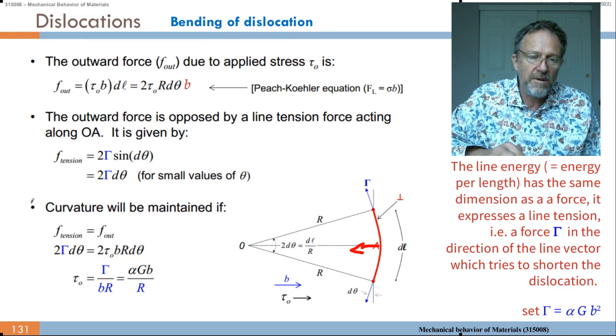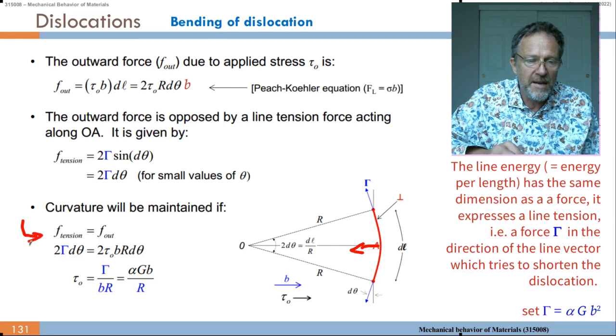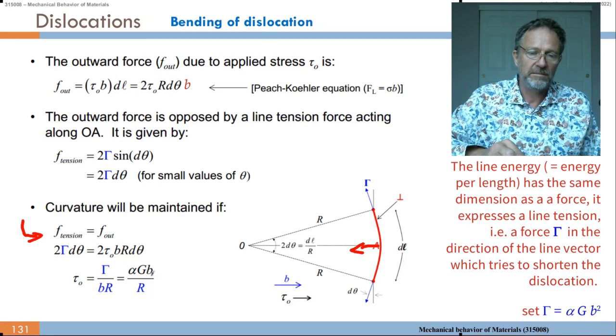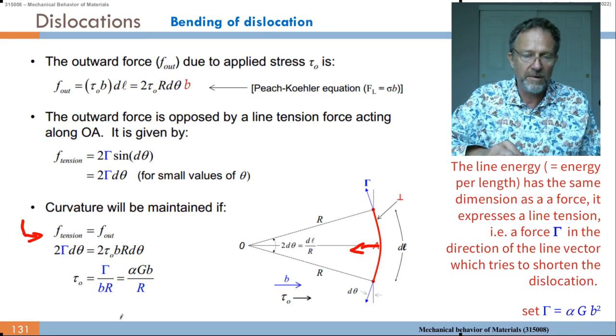And of course the curvature will be maintained in equilibrium if the two forces are the same, and that sets 2 gamma d theta equals 2 tau 0 b r d theta, or resolves into tau 0 equals gamma over b r, or we say a constant alpha times G b over r, where G is the shear modulus.